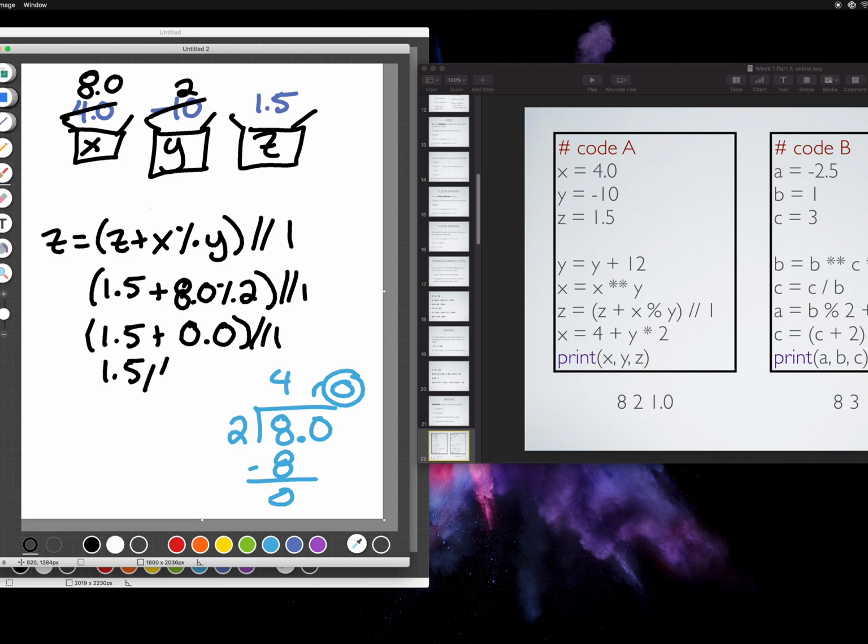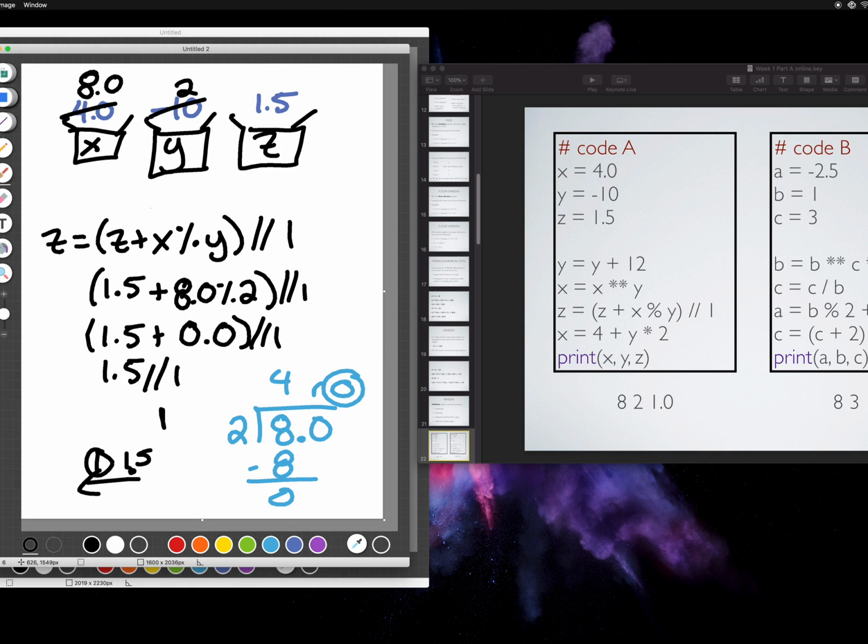So 1.5 divided by 1, well, that's 1.5, right? But then you floor it. So you go to the left on the number line. So if we're at 1.5 on the number line, and we move to the left, the next number is going to be 1, right?